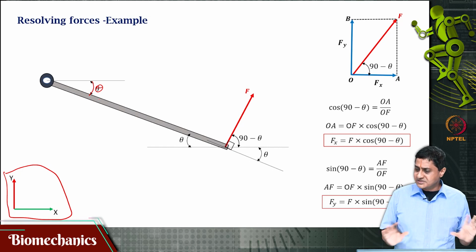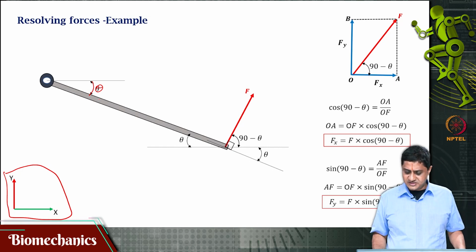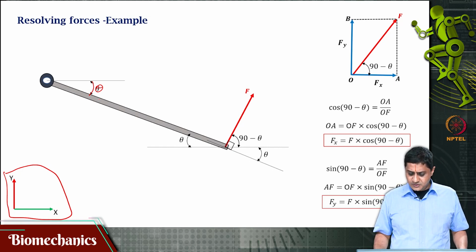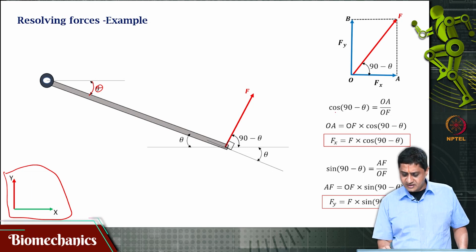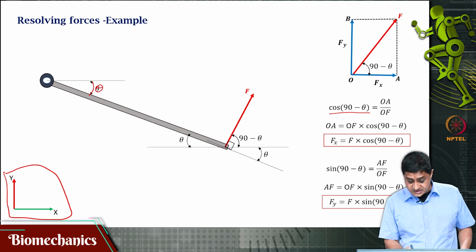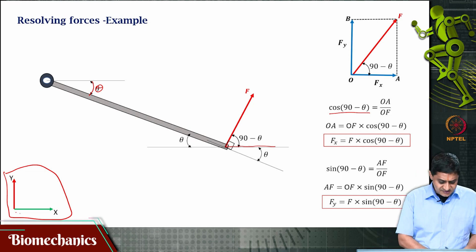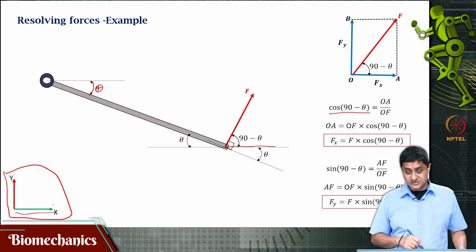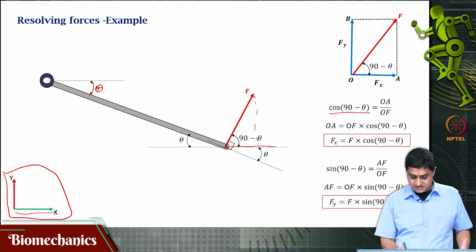It is scary looking, but it is not scary. Same principle. So, what do I do? I try to find the cosine of 90 minus theta. Why do I find cosine of 90 minus theta? Because I would like to find that component, and that component is the x component.